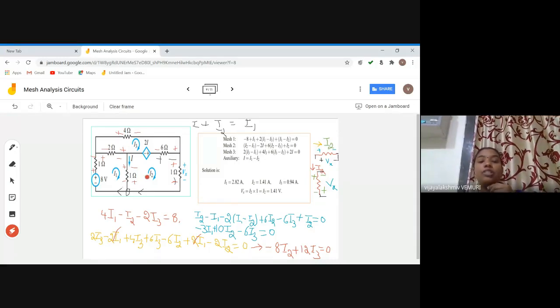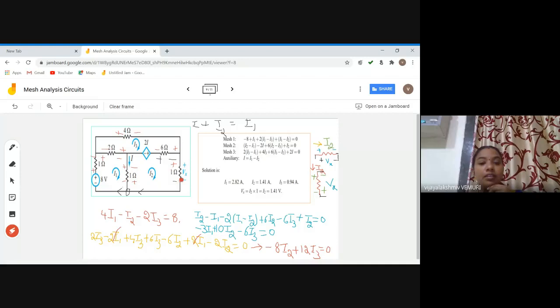Now, what is the question you are asked? You are asked to find the value of Vx. If you observe the sign convention given for Vx, it is plus and minus here. I have also given the sign convention for the 1 ohm as plus and minus according to the direction of current flowing through it.